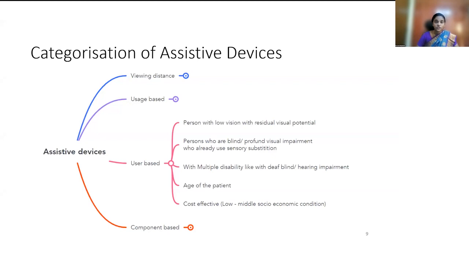Age of the patient is also a critical point when prescribing an assistive device. Cost I have put as the last, because there are lots and lots of ways to get a cost-effective device for a person, even if the person cannot afford it, in a low to middle socioeconomic condition.